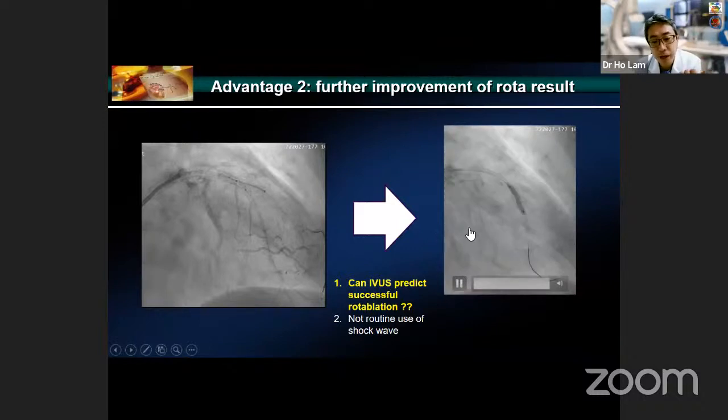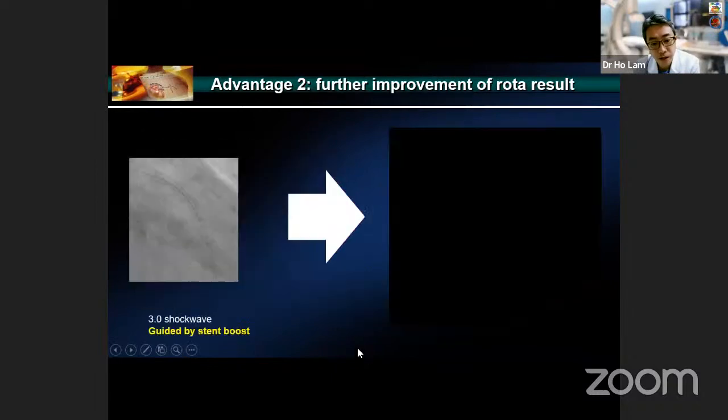Whether this can lead to improvement in clinical outcome or not still needs more data. I cannot say. But anyway, in this case, after wire patient, we use NC and try and see. Seems the opening is not very good. So in this case, if money is not a concern, we will use shockwave. For shockwave usage, there are many ideas, for example, guided by OCT or guided by IVUS.